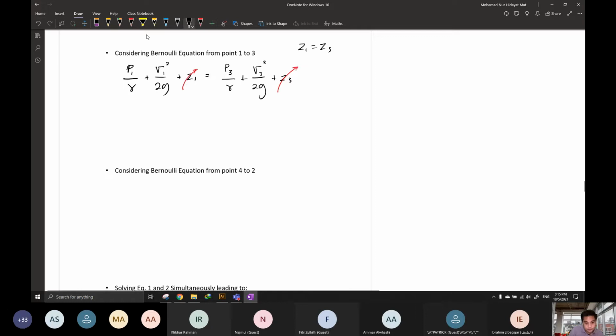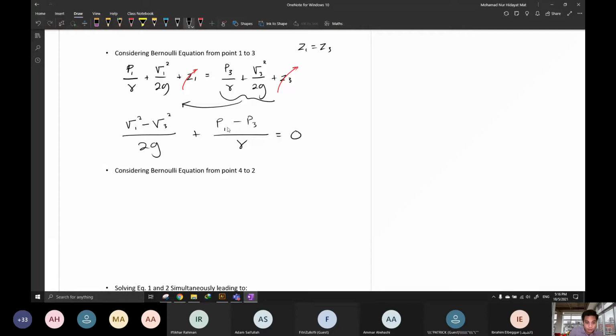Moving the terms to the other side, we have V1 squared minus V3 squared over 2g plus P1 minus P3 over gamma equal to 0. This is just an arrangement.